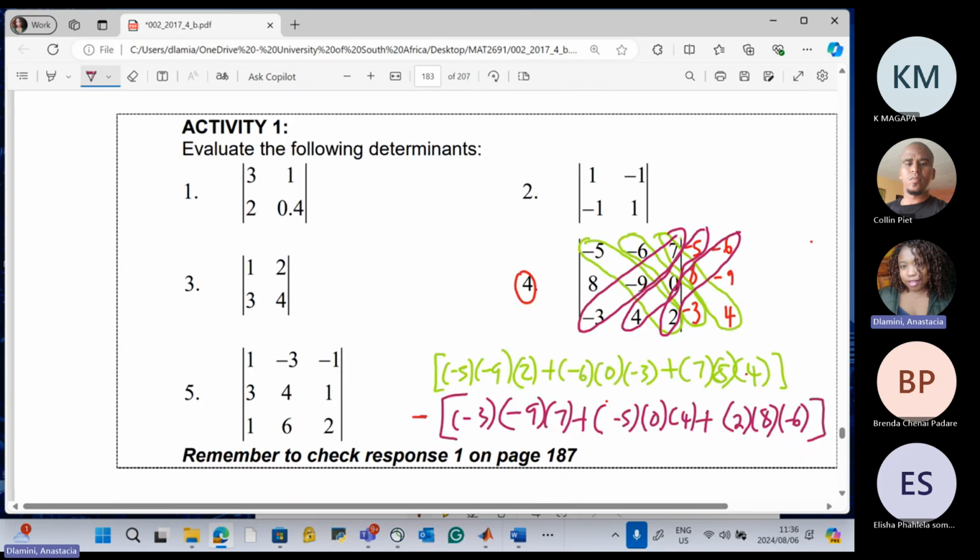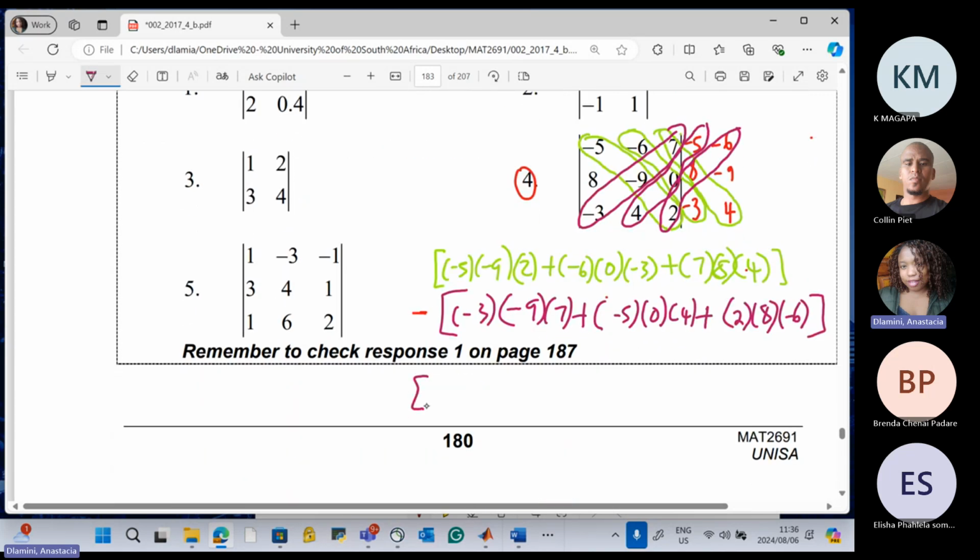And then I calculated. In here I get an answer. Let's call it A, and then I subtract the answer in B, and then we got 221. Make sense? Yes, ma'am. Thank you.